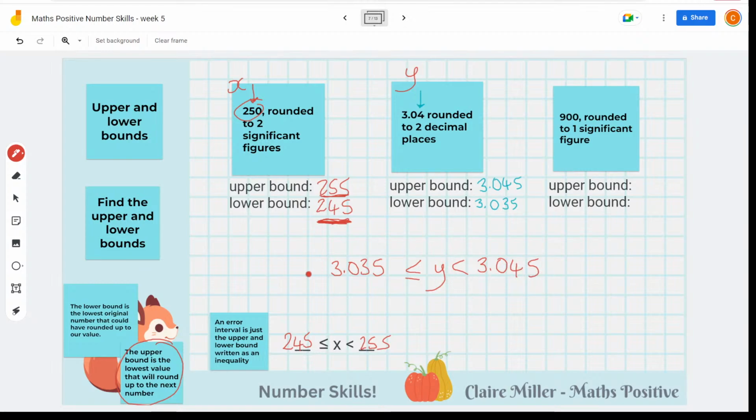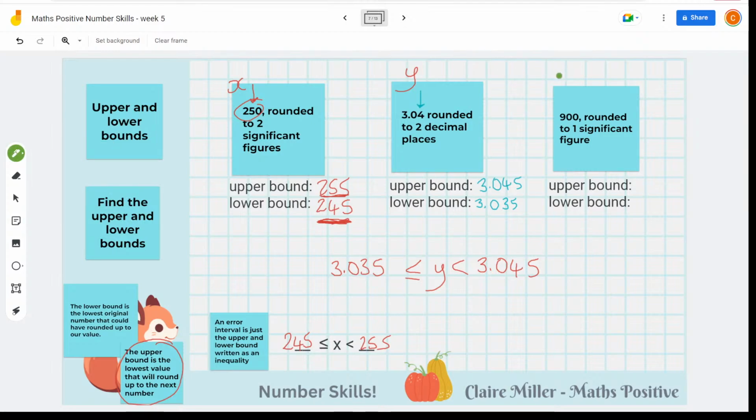So one way to express this is to say y is in between 3.035 and 3.045. But then you also have to remember it could be equal to 3.035, but it can't be equal to 3.045. And that's exactly what we've been saying about these upper and lower bounds. This is a really nice way to express them, and it's called an error interval.